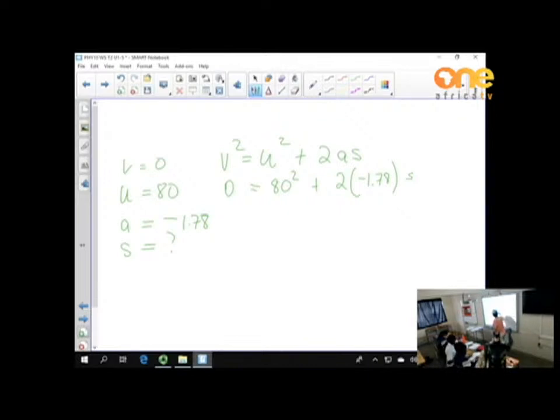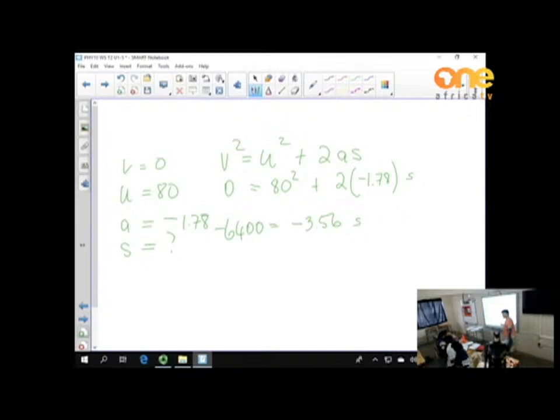So I'm taking this one across the equal to sign. So 80 times 80 is, 8 times 8 is 64, no? So 6400, but minus. Why minus? Over here it is. Yes, I take it across the equal to sign. And on this side, I am left with, what is 2 times 1.78? S.